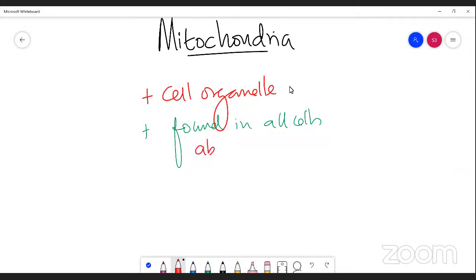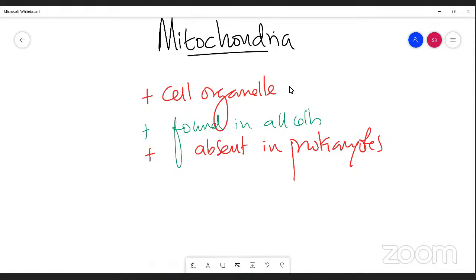It is absent in prokaryotes, or the prokaryotic cell, right?